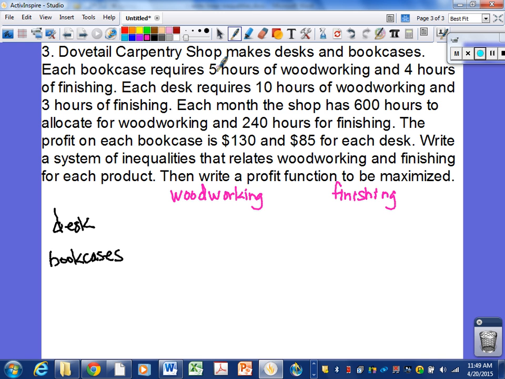So each bookcase requires 5 hours of woodworking and 4 hours of finishing. Each desk requires 10 hours of woodworking and 3 hours of finishing. Okay? So each month the shop has 600 hours to allocate for woodworking and 240 hours for finishing. So it looks like we have maximums here.